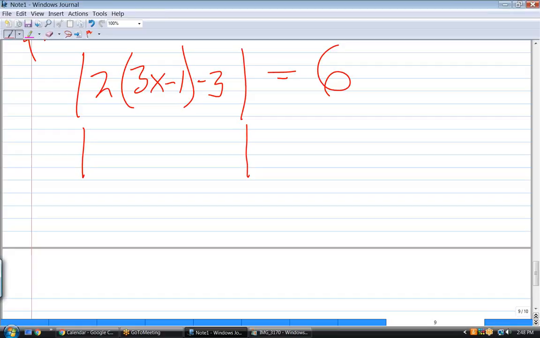Well, that would be 6x minus 2 minus 3. Now simplify that. So that would be absolute value of 6x minus 5. Okay. Now we're in business. And we didn't do anything to the right side. I was just simplifying the left.